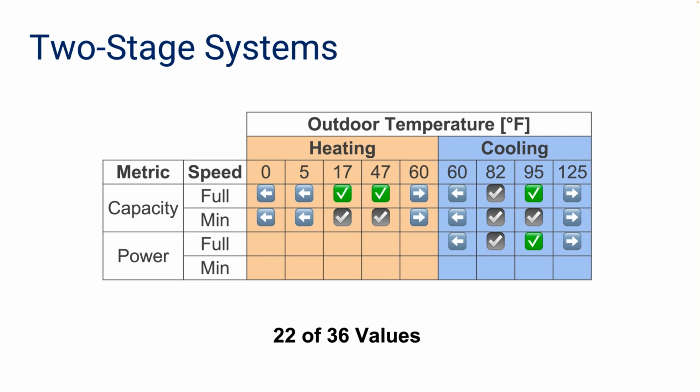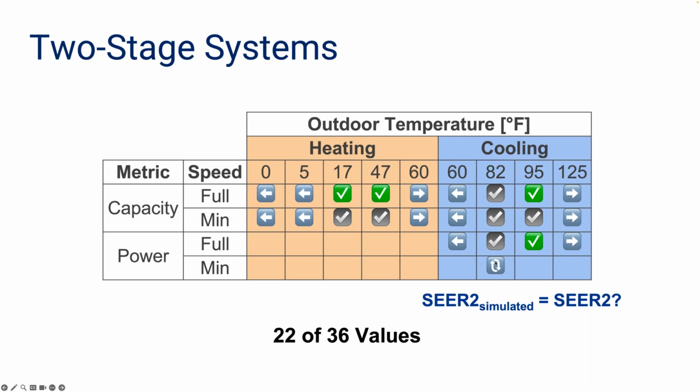Unfortunately, the SEER2 calculation for two-stage systems becomes a lot more like the HSPF2 calculation for single-stage systems. It's a lot more sophisticated. And so what we're going to do here is the same technique, an iterative solve to figure out the value.